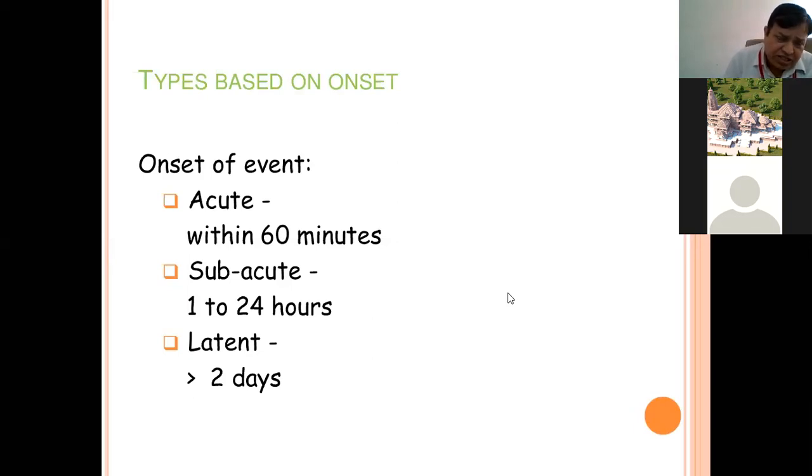Second is subacute, it occurs in 1 to 24 hours in between. You will get all responses, side effects or adverse drug reactions within 24 hours. Next is latent, that is, you will receive this response within 2 days.